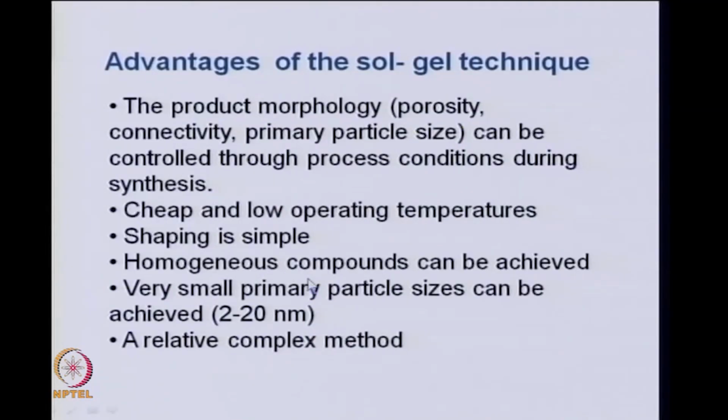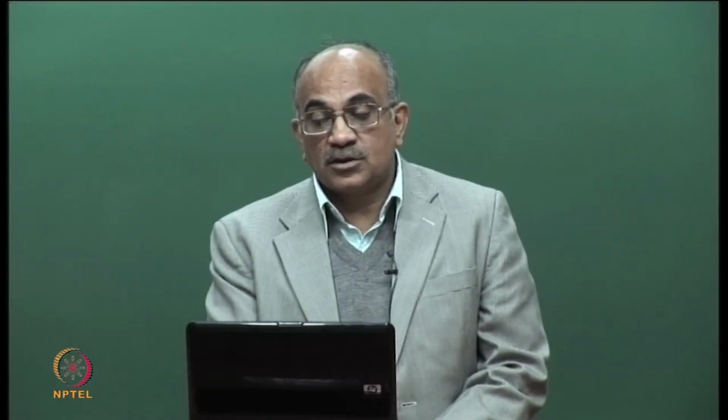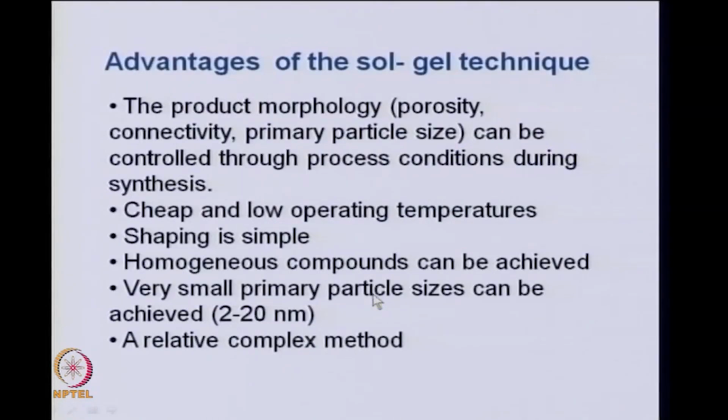You can get very pure monophasic compounds, that means the stoichiometry of the ions can be maintained by proper control. So, homogeneous compounds or pure phases can be obtained. You can get very small particle sizes. If you want, you can get 2, 3, 5, 20, 30 nanometer particles. So, you can vary the particle size by varying the conditions of the sol gel process.